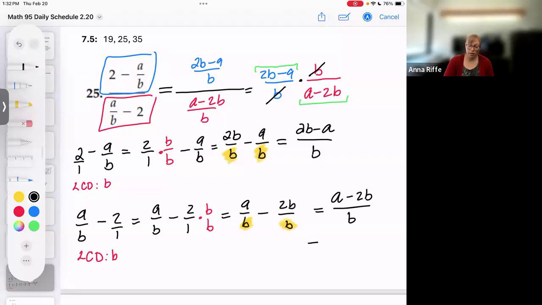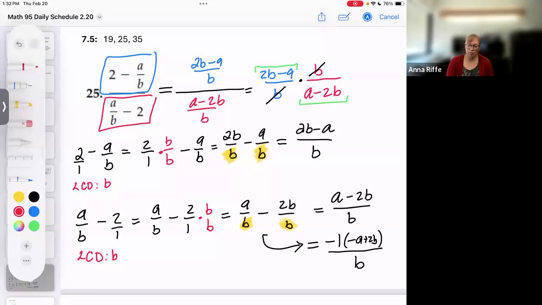So if instead of writing this term on bottom as a minus 2b over b, what if I factored out a negative 1 from the top, which will give me negative a plus 2b over b, and that will switch the signs.